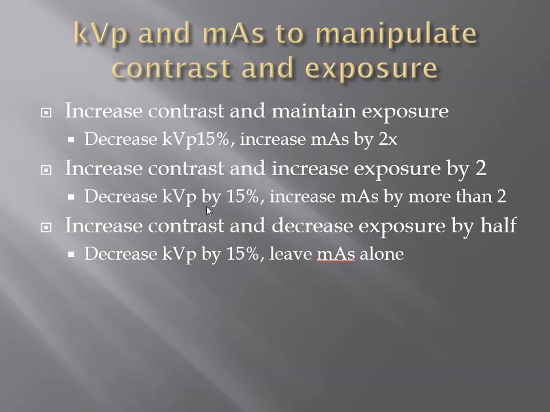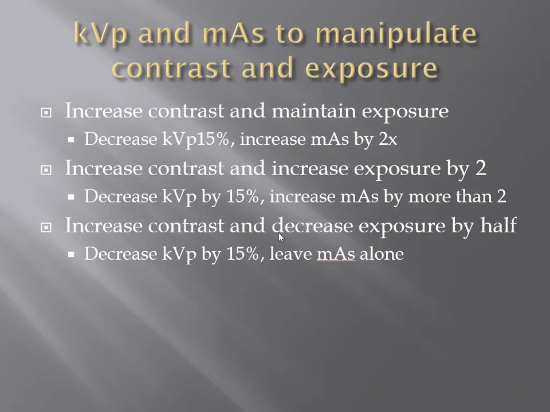We're going to decrease KVP by 15%, which gives us increased contrast, and increase mass. That's got to be more than 2 because we doubled our exposure. In doubling our exposure, we have to increase our mass by a factor of 2 and then again increase that by another factor of 2.